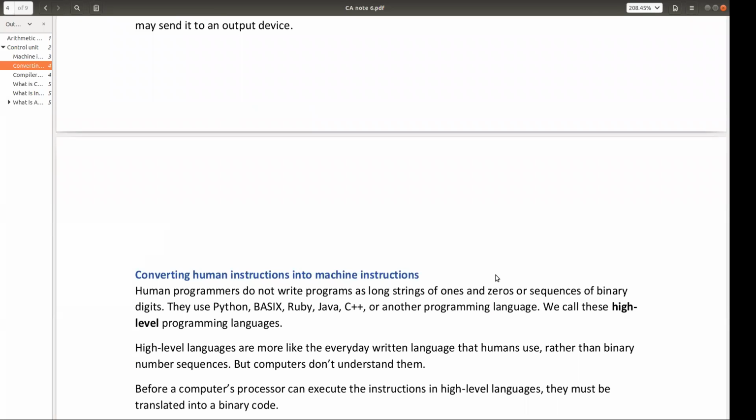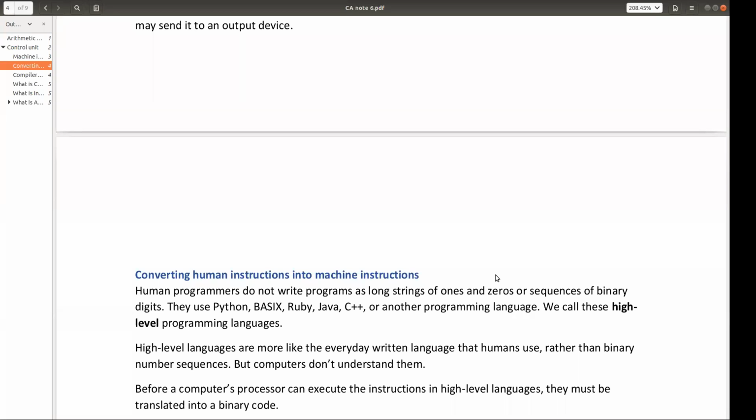What we can understand is English-like language. So whatever instruction we provide to our computer, we provide via a language which is understandable by us very easily.